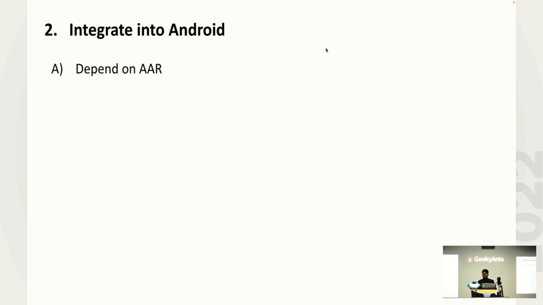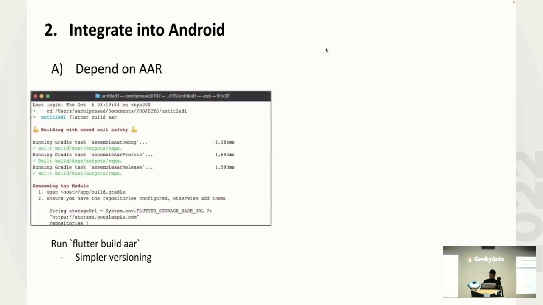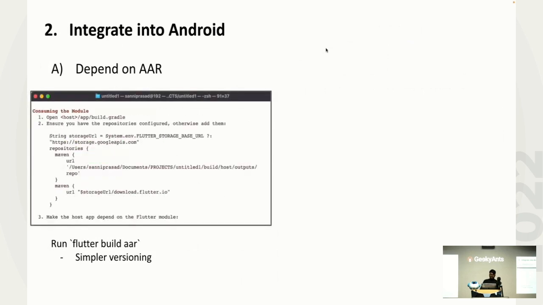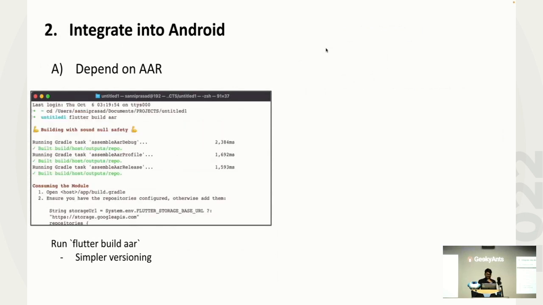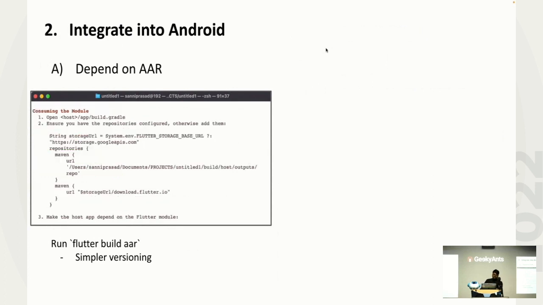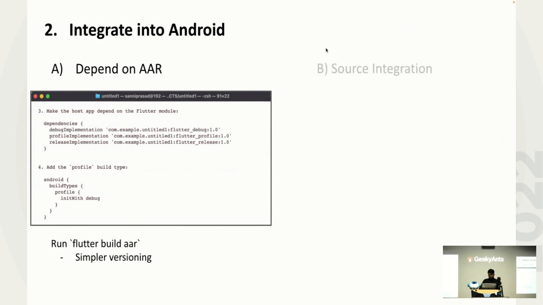It is a library format, similar to a package, but for native Android. To build an AAR, we have a command in Flutter called flutter build aar, and it will build the required files, and it will also give you the steps that you have to follow to get this implemented in your native project. You can simply follow this and it will be done.